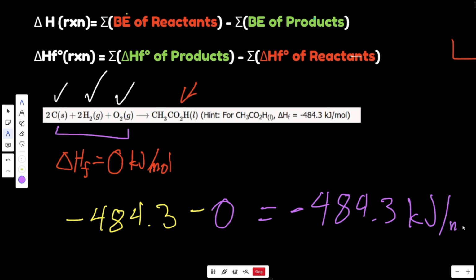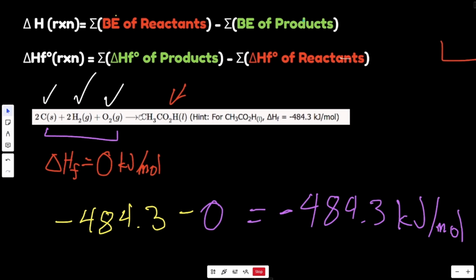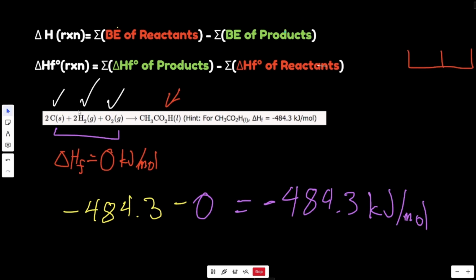kilojoules per mole. Now, during exams, you have to be careful of the unit that's presented. Because sometimes, for example, when these aren't in standard state and you have different values there, the teachers will make sure to try and trick you and put it in joules per mole rather than kilojoules per mole, while the other side is in kilojoules. And how do we convert? Well, it's easy to remember.